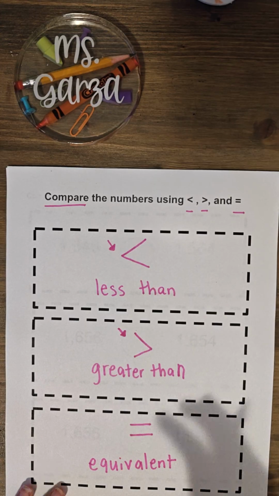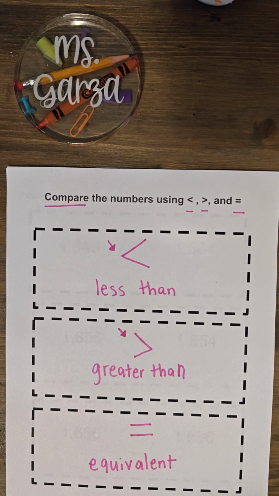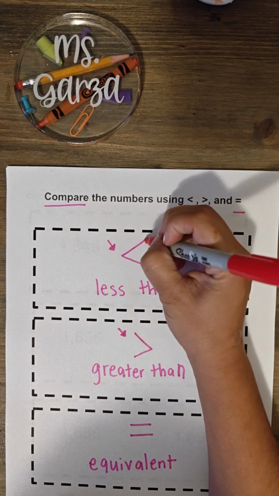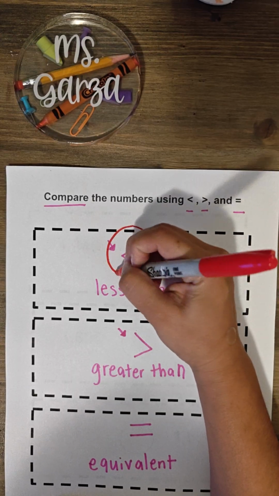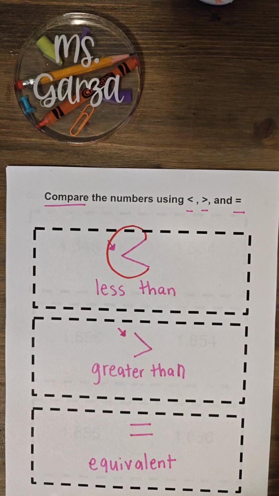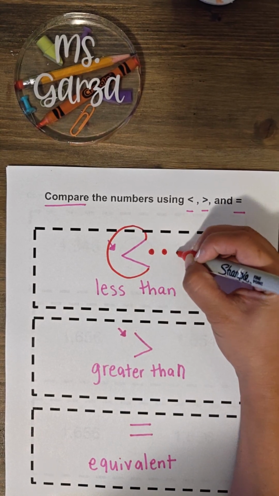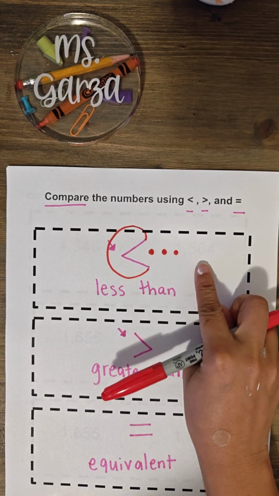Okay, so the way I learned this when I was younger is I would think about it as the game of Pac-Man. Pac-Man always wants to eat, so his little mouth is always open towards the biggest side.